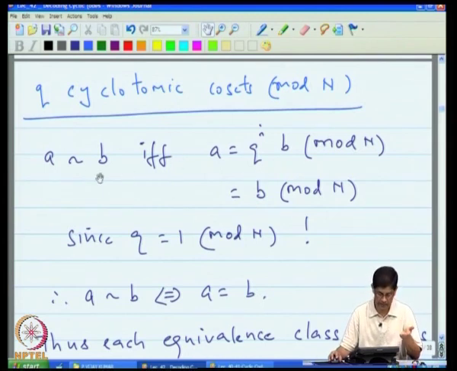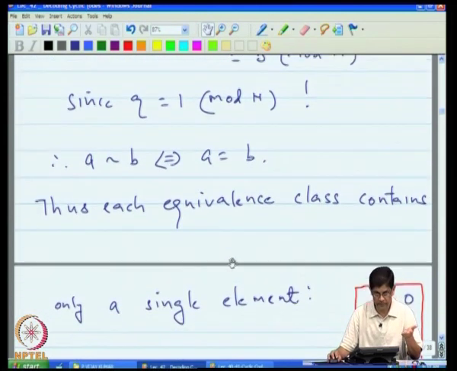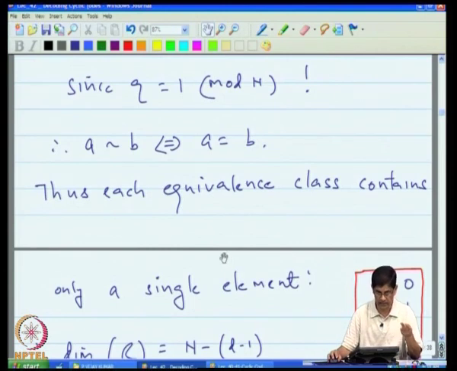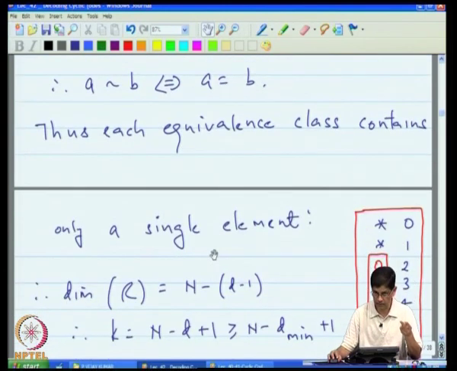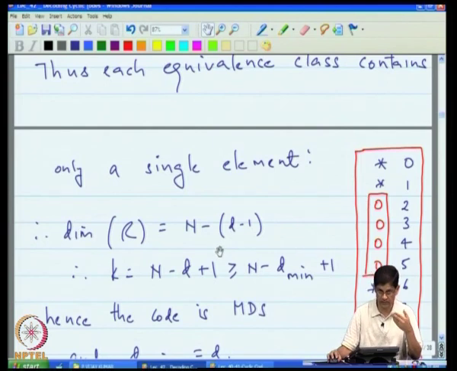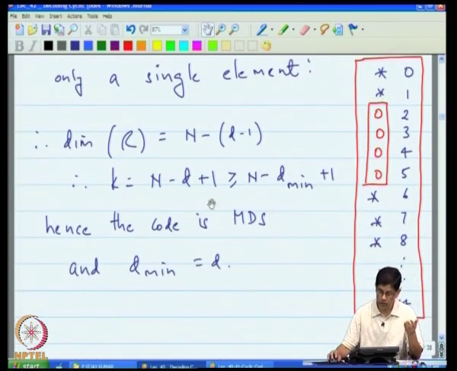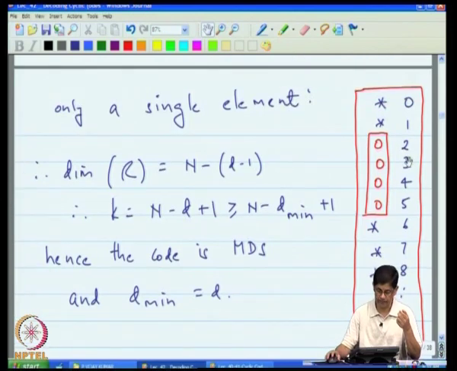So that means that A is equivalent to B if and only if A is equal to B. In other words, each equivalence class is a singleton set, it contains just a single element. There are no conjugates of an element other than itself. So in this particular case, when you look at the frequencies and try to partition them into equivalence classes or cyclotomic cosets, you find that there are 15 cyclotomic cosets, each containing a single entry.